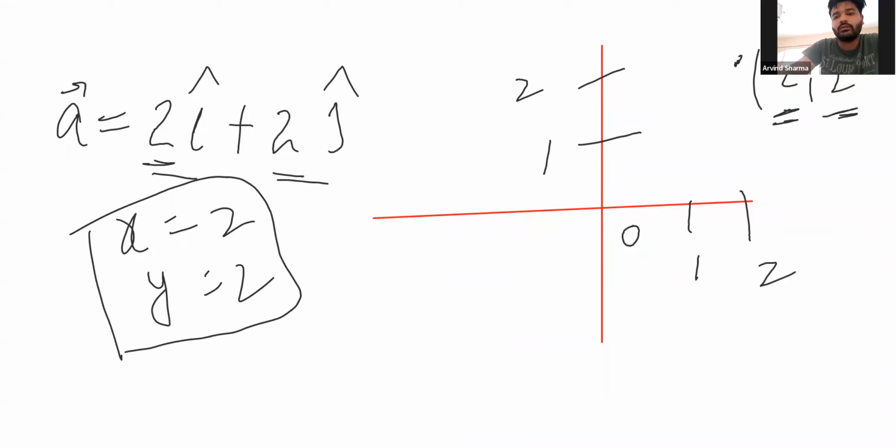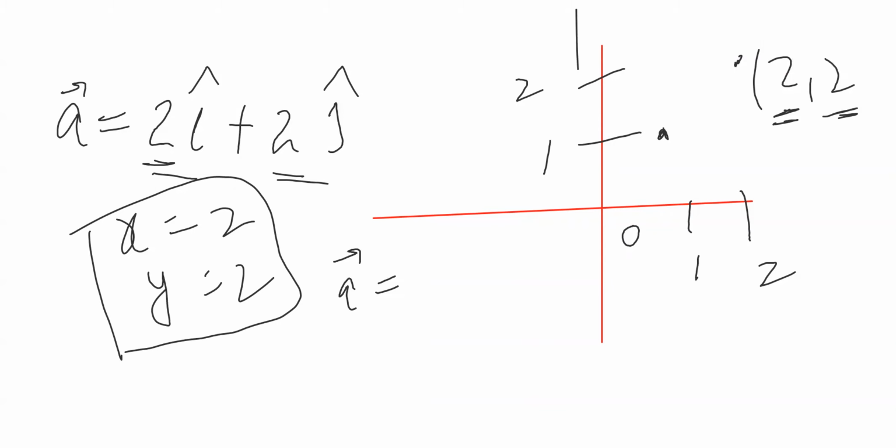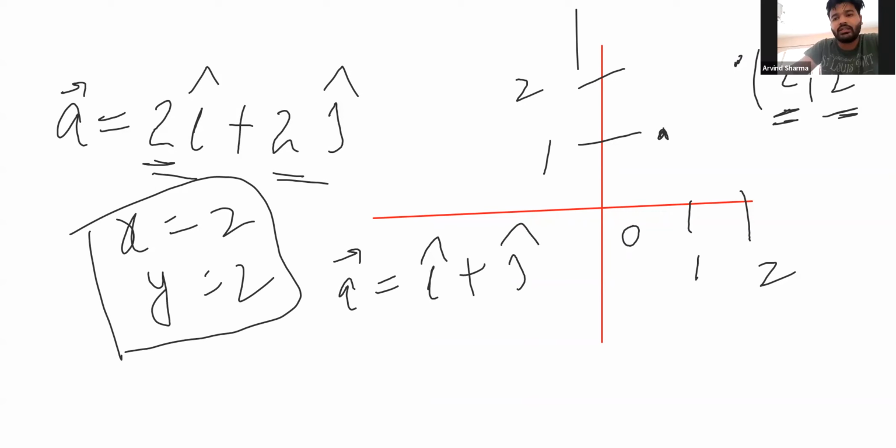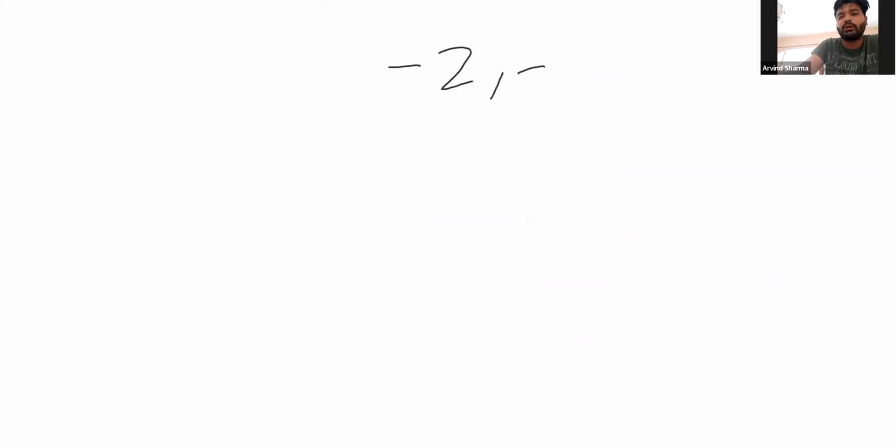Now, what about this point, if you take 1, 1? How will you write it as a vector? That would be i cap plus j cap, right? Now, for example, if you're given the point -2, -6, how will you represent it as a vector?